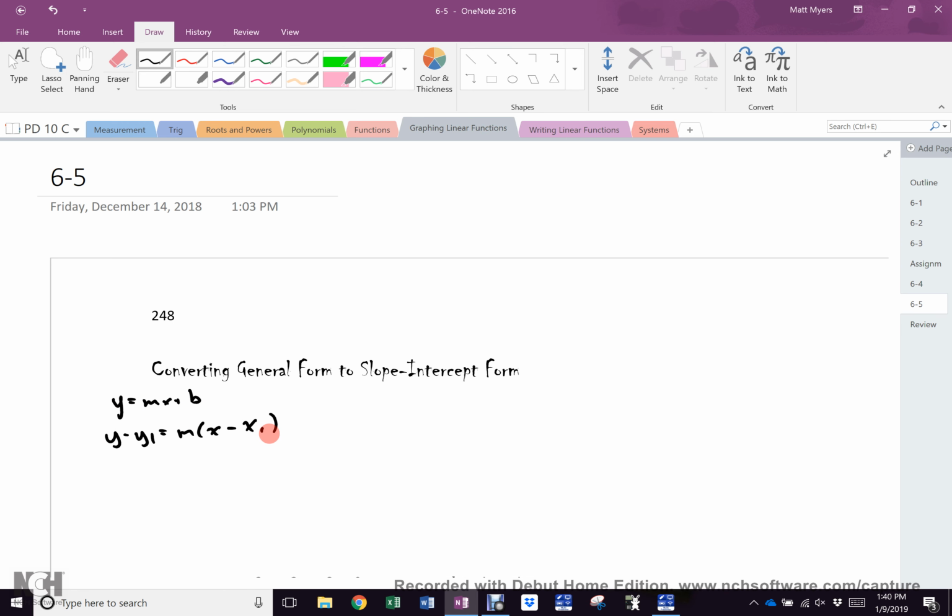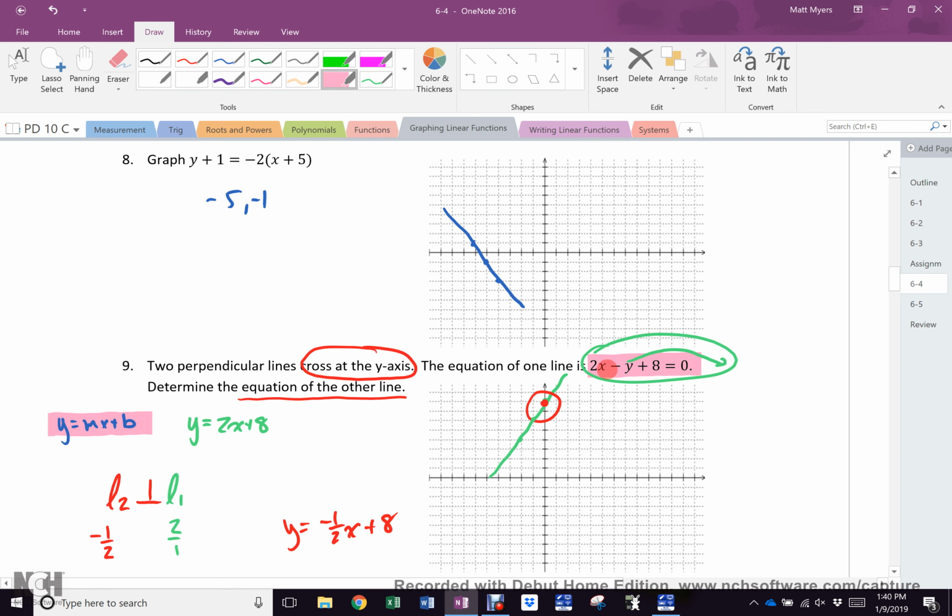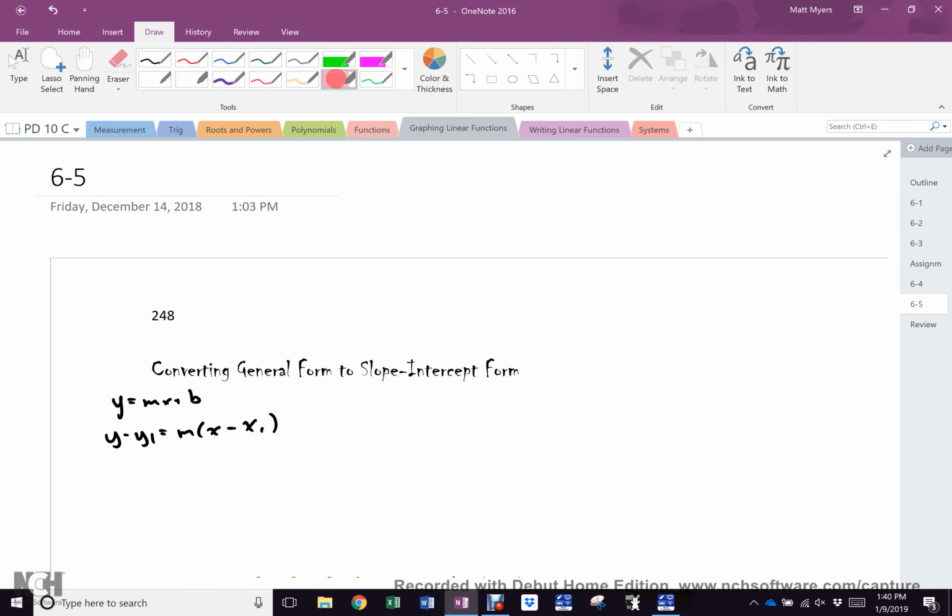Now, both of those have a name. That's slope-intercept and its point-slope form. But you also were just introduced to this guy. That guy is what we call general form because it doesn't give us any information.